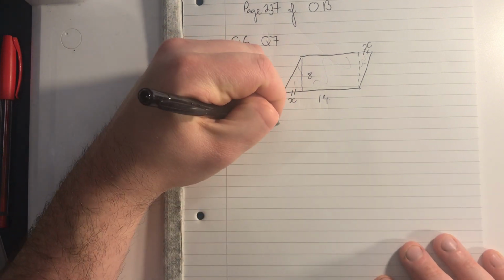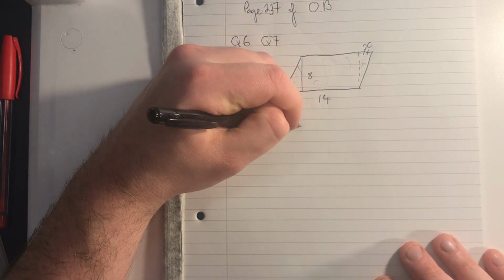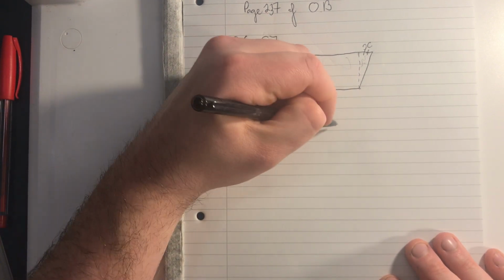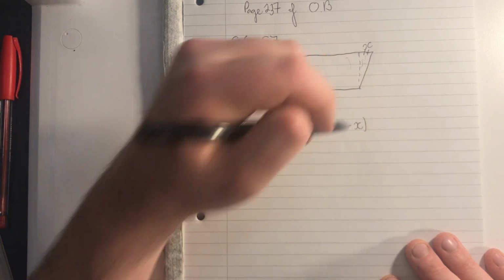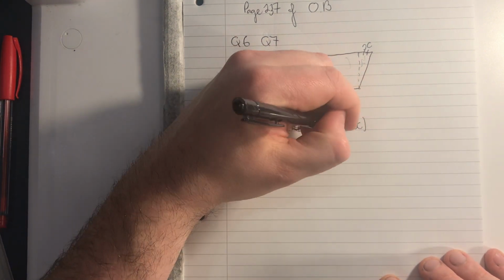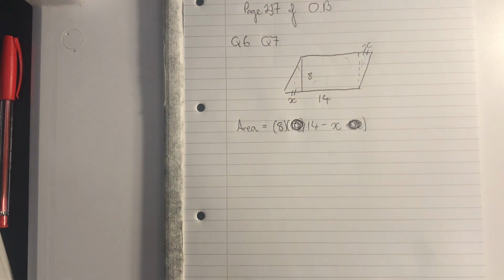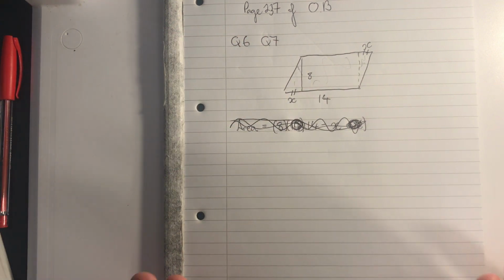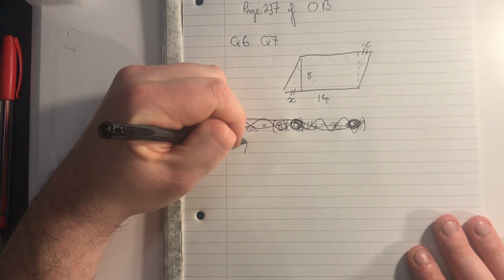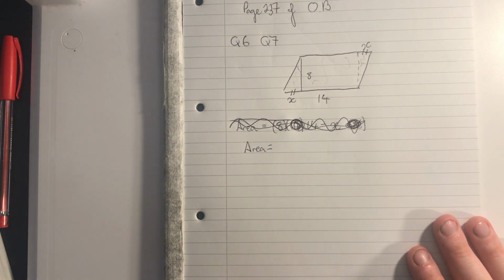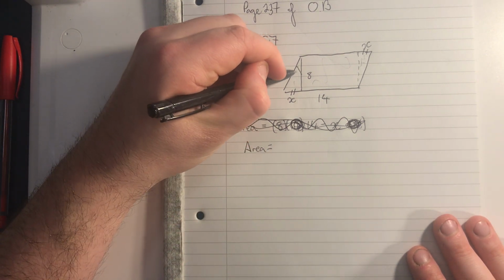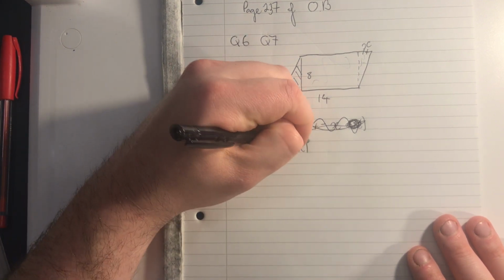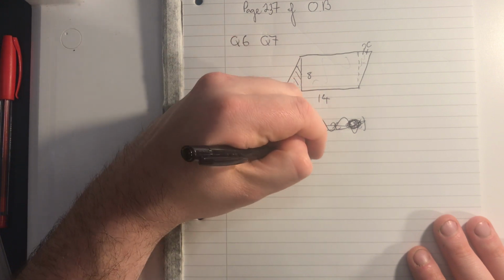So it's definitely going to be the area of the rectangle, which is 8 by 14. Sorry, it's not 8 by 14. Sorry, I'll start this again. Okay, let's start again. So area equals the area of this triangle here, guys, that's a half times x times 8.